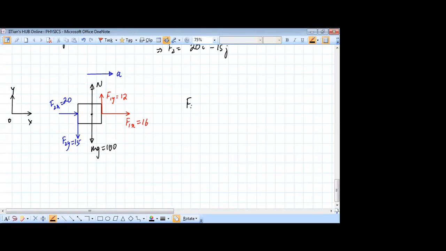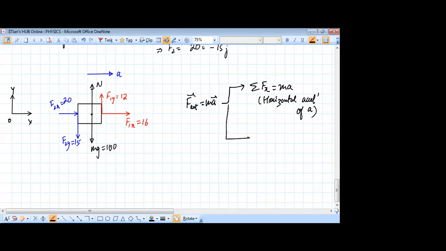So net force is equal to mass into acceleration. This will again be broken into summation Fx will be equal to ma, because there is horizontal acceleration of a, whereas summation Fy should be 0 because vertical forces are balanced.